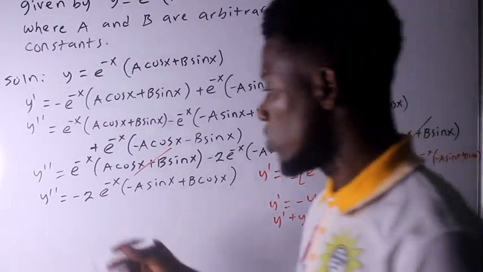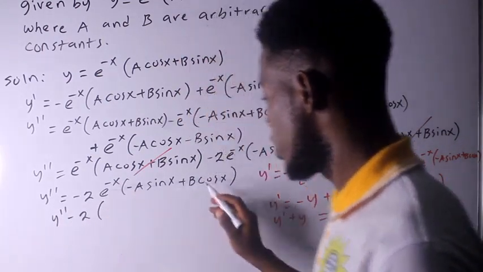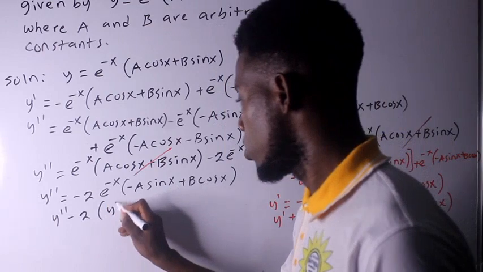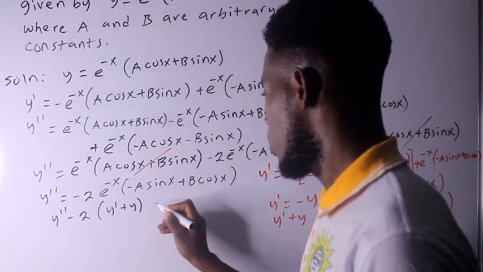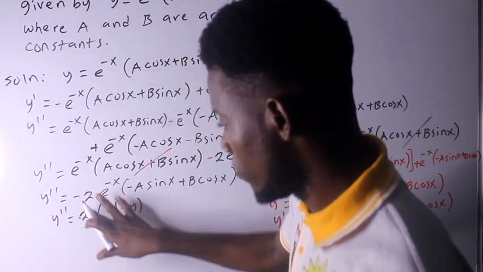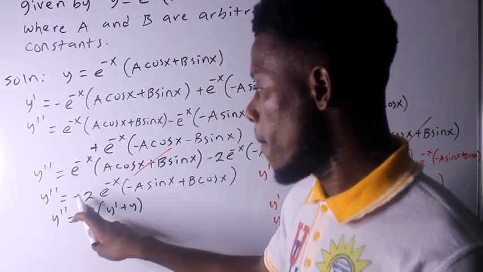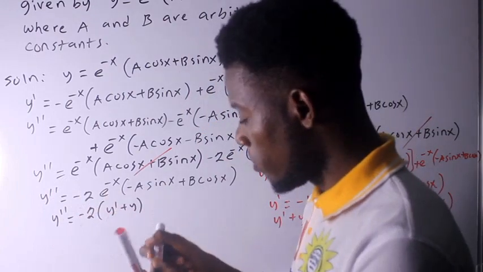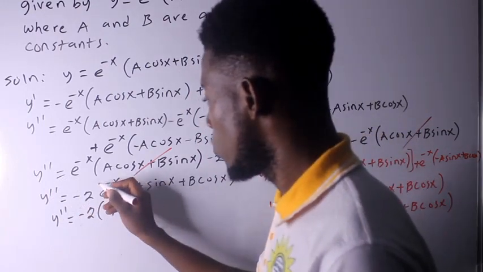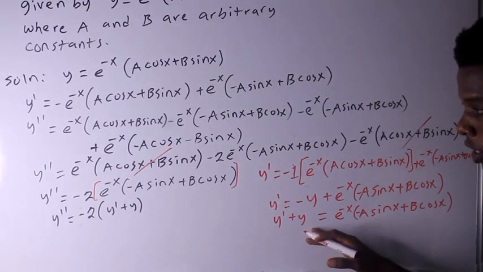So we have y prime prime equals minus 2, parenthesis, this entire thing is y prime plus y. So y prime prime equals minus 2 multiplied by this entire expression, which we say is y prime plus y.